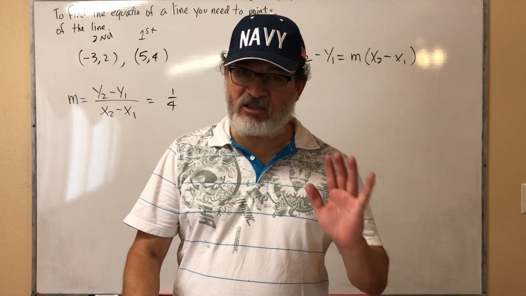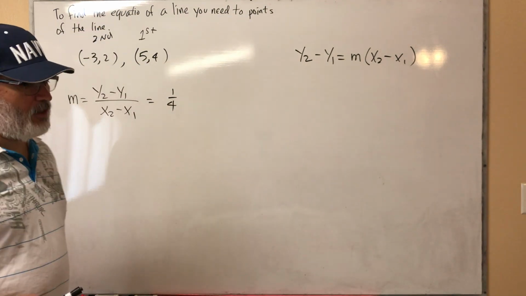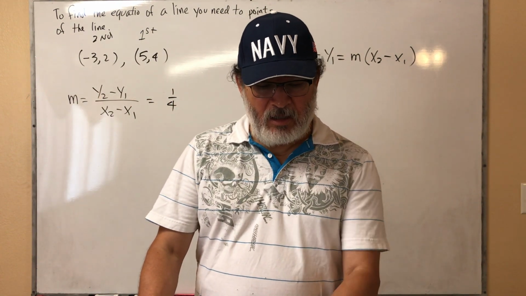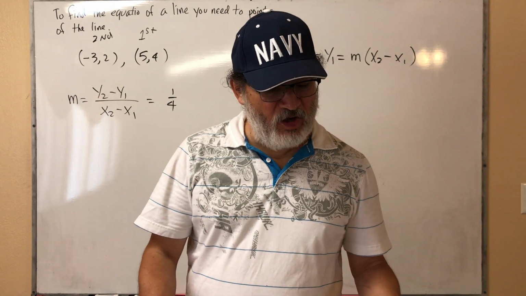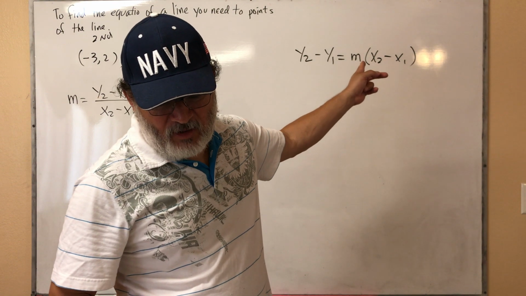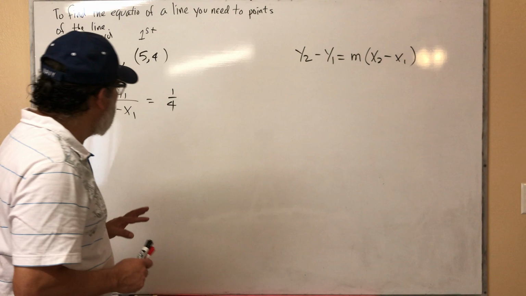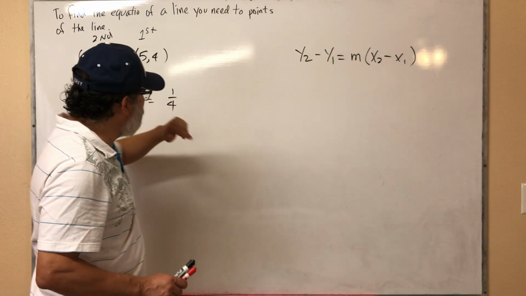Okay, this is section 2.4 already. They call this formula the point slope form. This is the point slope form. Okay, watch this. For this formula, you still need to find the slope.